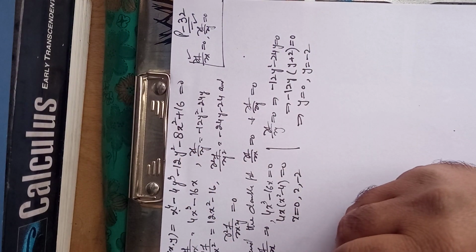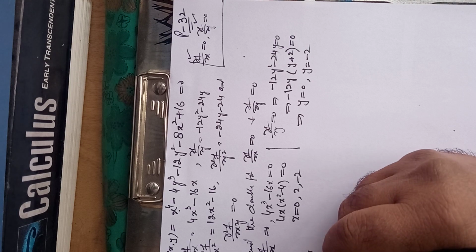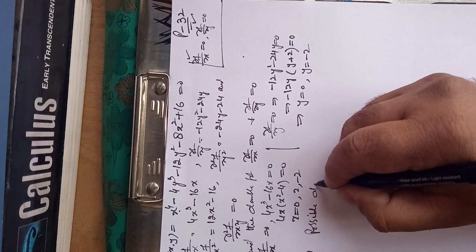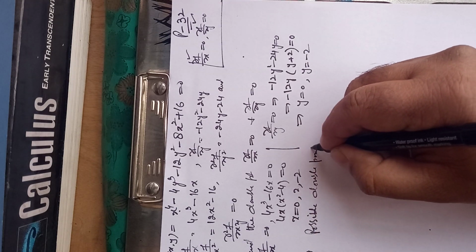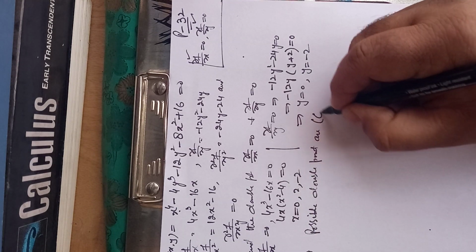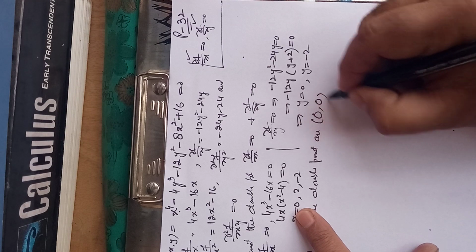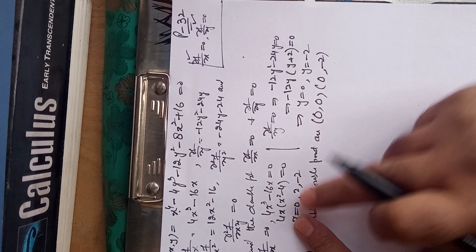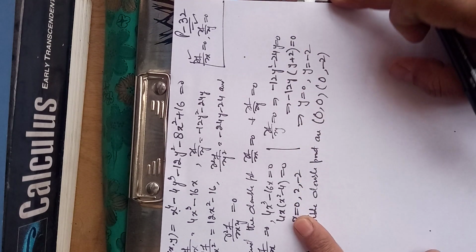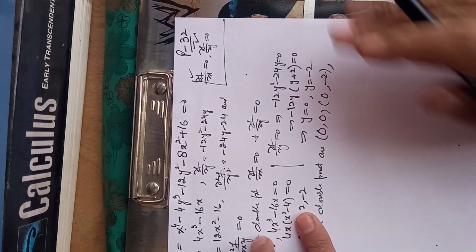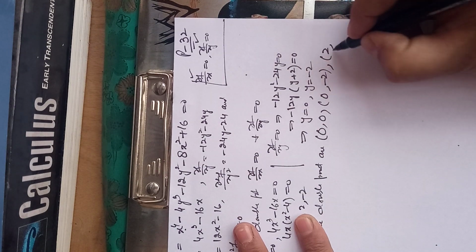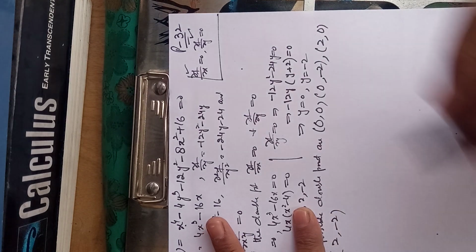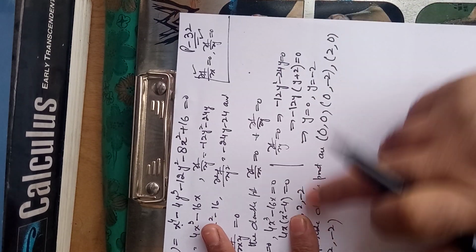So the possible double points are: x is 0, y is 0; x is 0, y is −2. Then x is 2, y is 0; x is 2, y is −2.